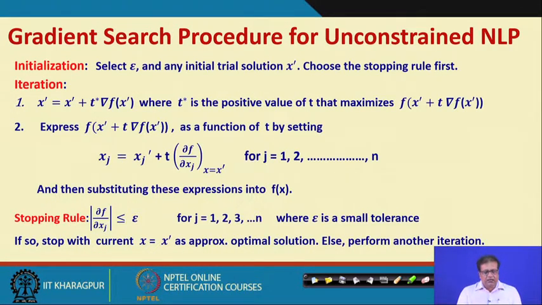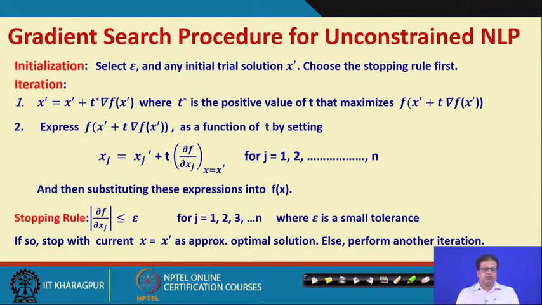Now, there was another very important method, the gradient search procedure. The real advantage there is that we do not need the Hessian matrix to be computed. If we know the concavity or convexity of the function, concavity for maximization, then we take the iterative step, x dash equal to x dash plus t star times the gradient of the function at the given point.